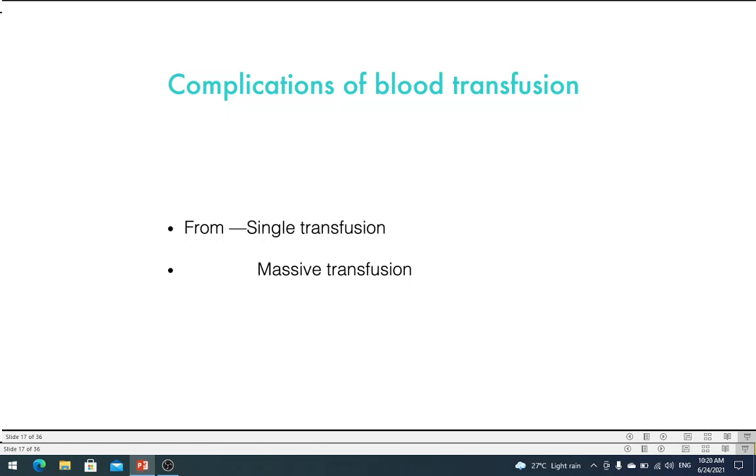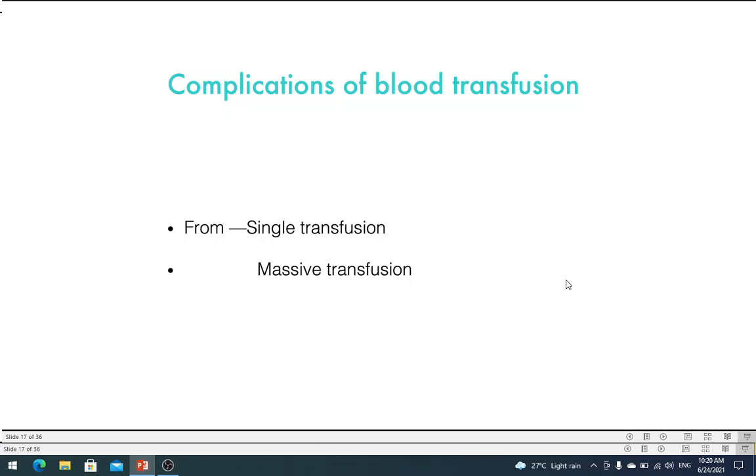Then we come to complications of blood transfusion. It is not just enough to give blood, you must know what are the problems that you can cause, isn't it? So now this can be discussed under two headings. You can have a patient who requires a single unit of blood. When I say blood, please understand this also includes blood components, all right? I'm not going to keep on saying it, I'll just say blood, or I'll say transfusion.